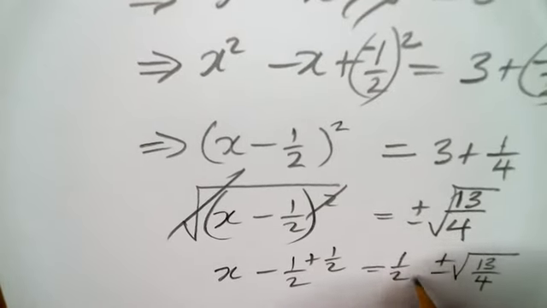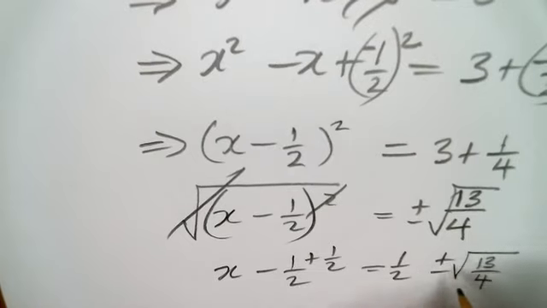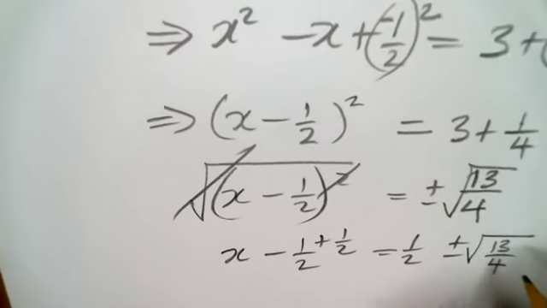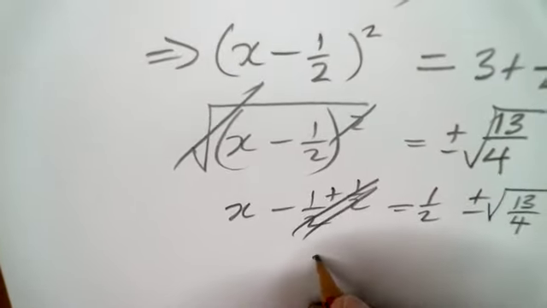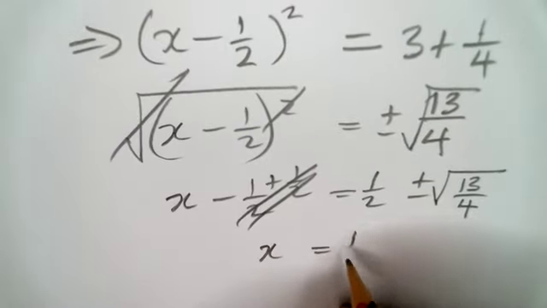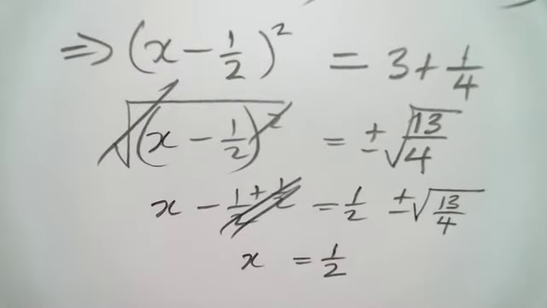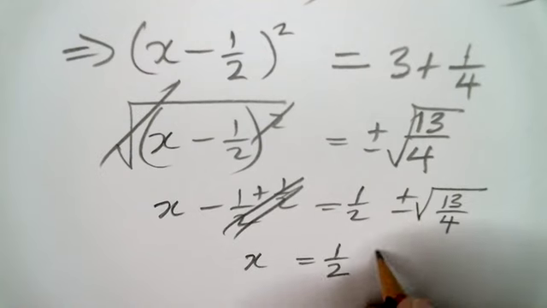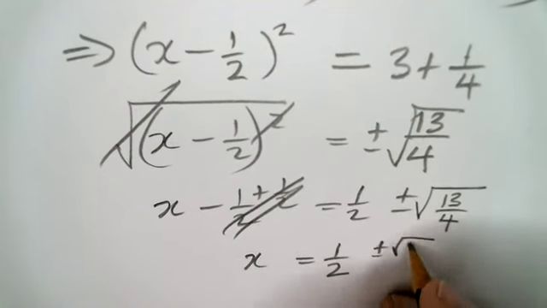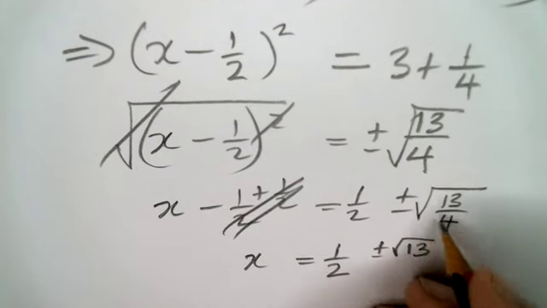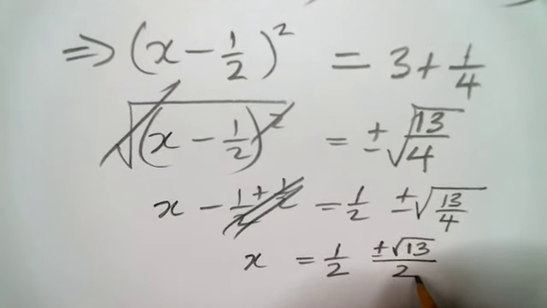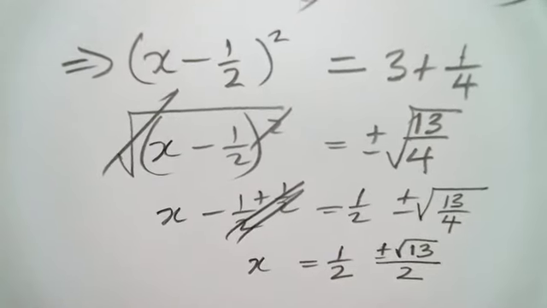So x now is equal to 1/2 plus or minus root 13, but the square root of 4 is 2, so I'm going to have a 2 underneath there.